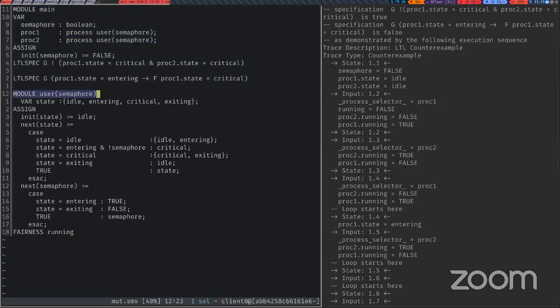What was the question? How do you specify different modules, like where does one module start and another one begin? Module main starts over here, and fairness must be part of the main module. No, it has to be part of this module. Okay, any other questions?